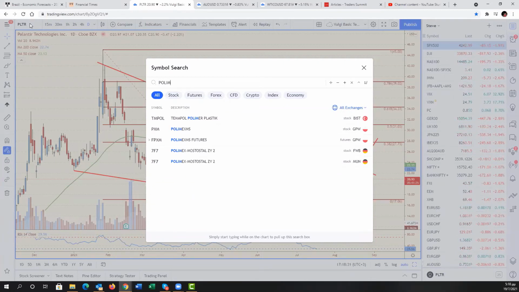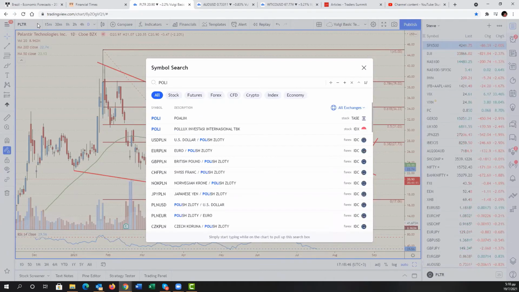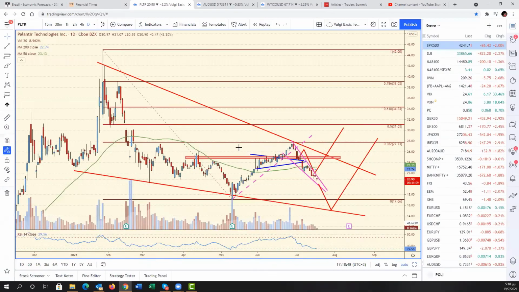I doubt it, right? So probably TradingView doesn't. Poly. Oh, okay, this one.